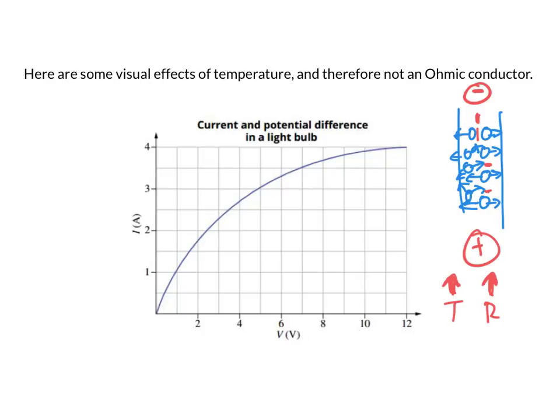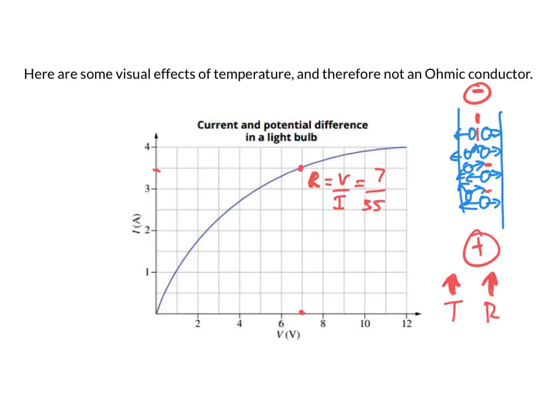What we do is we choose 2 points. So if I wanted to work out the resistance of this particular light bulb at this point here, the resistance is going to be the relationship between V over I. And so I can read V off my graph as 7 and current to be 3.5.